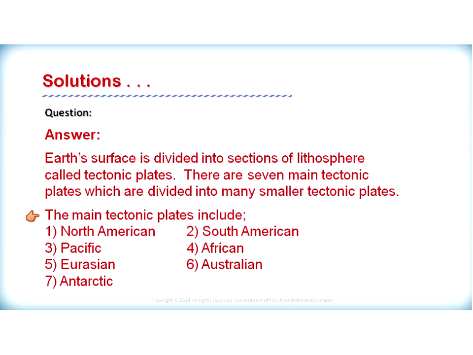The main tectonic plates include the North American Plate, South American Plate, the Pacific Plate, the African Plate, the Eurasian Plate, Australian Plate, and the Antarctic Plate. So these are the 7 major tectonic plates that the Earth is divided into. Each of these plates can then be further subdivided into minor plates.